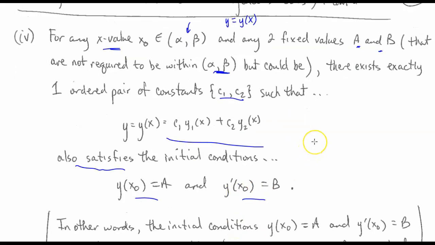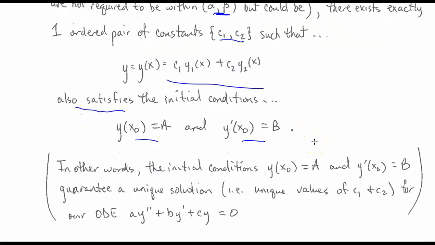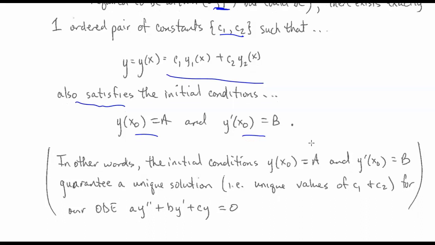Again, this is just a fancy way of saying that if we have two initial conditions for a second order linear homogeneous ODE, we are guaranteed a unique solution to that particular ODE based upon these two initial conditions.